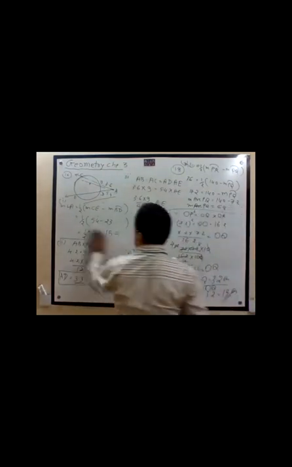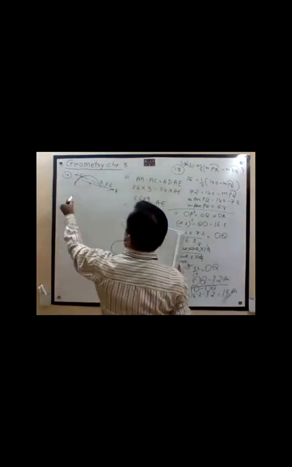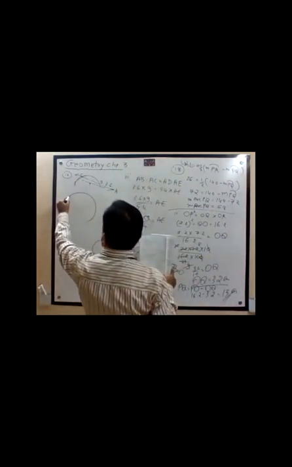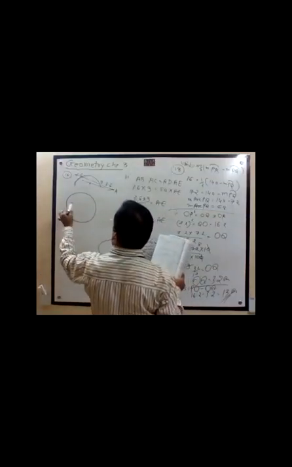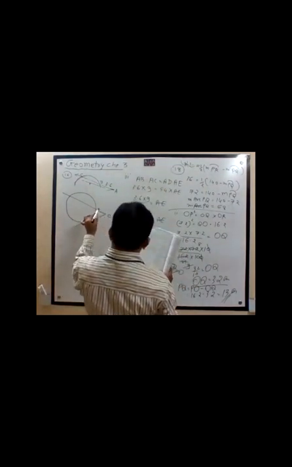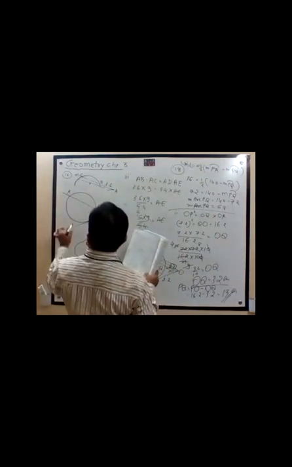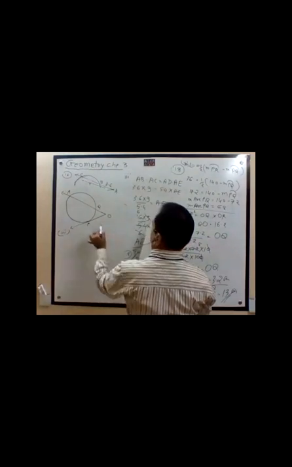One more calculation is there. Tangent secant O Q R P. Now in the third calculation, OP 7.2 again.